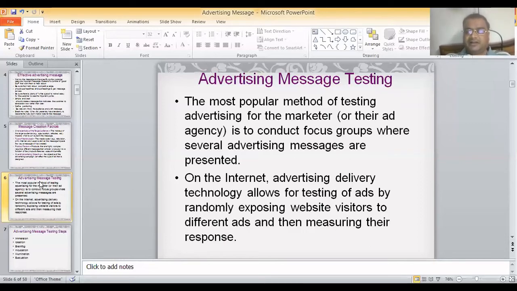So basically, testing is done to see the effectiveness of the advertisement.